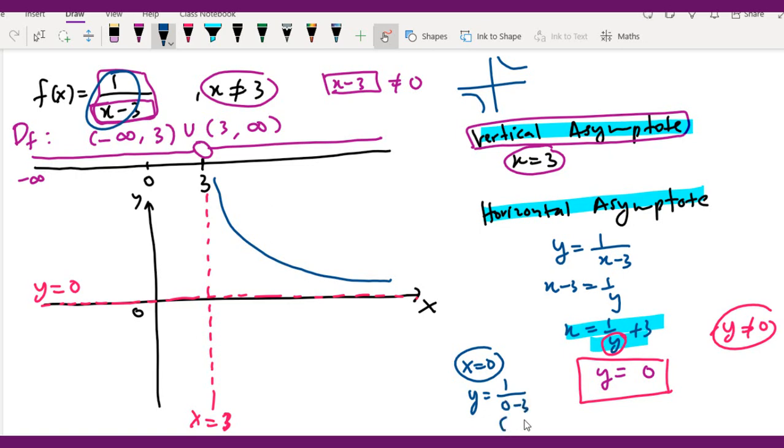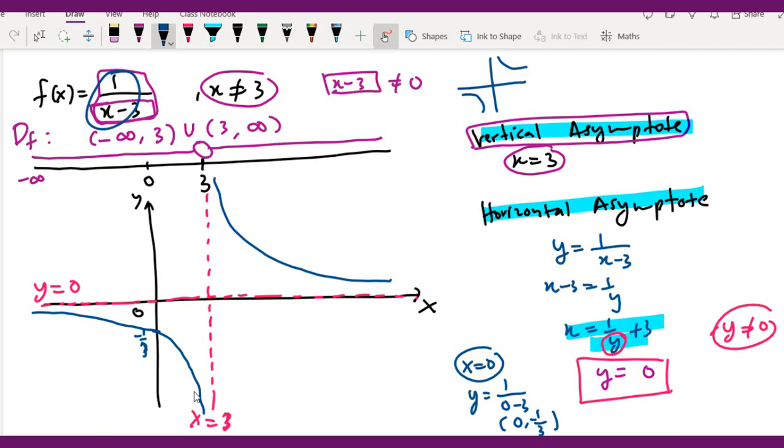So the graph intersects the y-axis at negative 1 over 3, the point (0, negative 1/3). The graph intersects the y-axis and slides down.